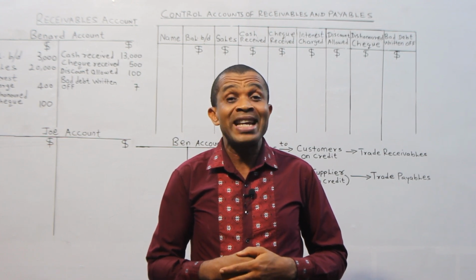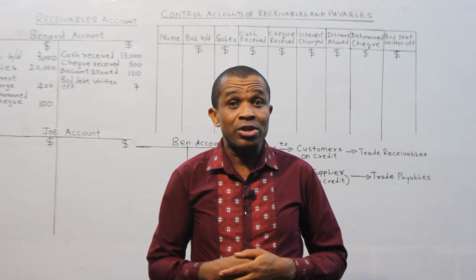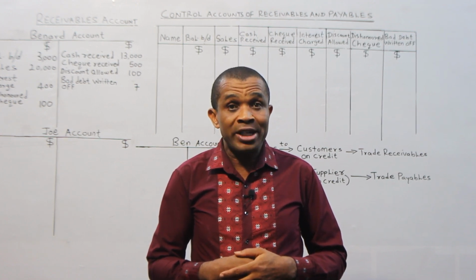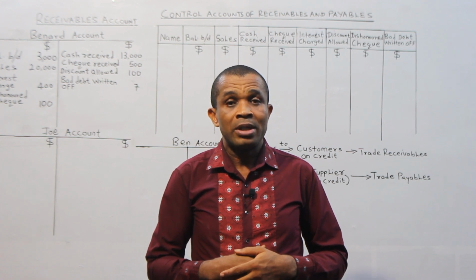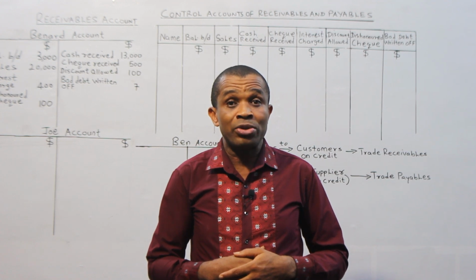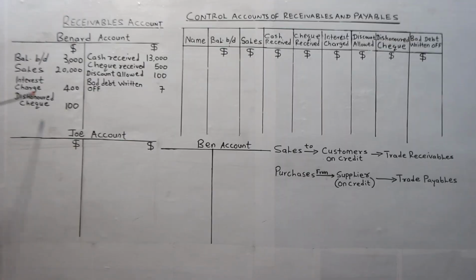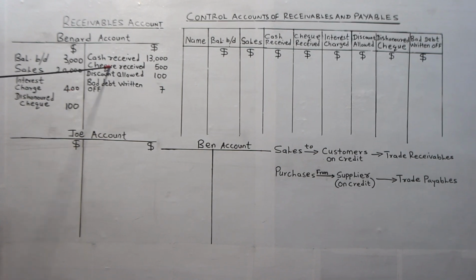There could also be interest charged on customers for transactions carried out on their behalf. This will also be debited in the receivables control account and will increase the amount they are owing. As we can see, there was interest charged to Bennett of 400, and this has increased the amount Bennett is owing.